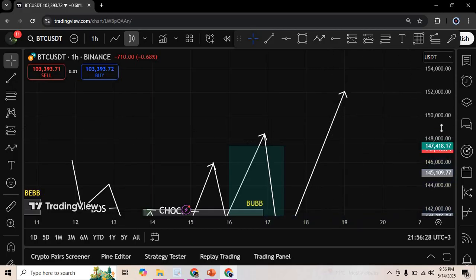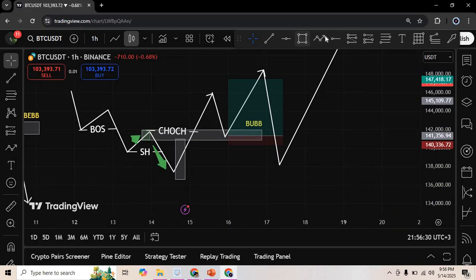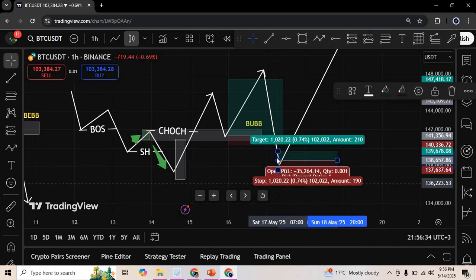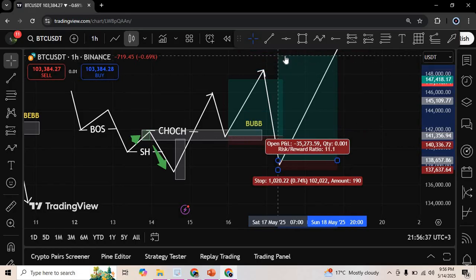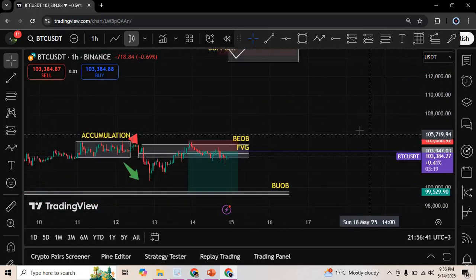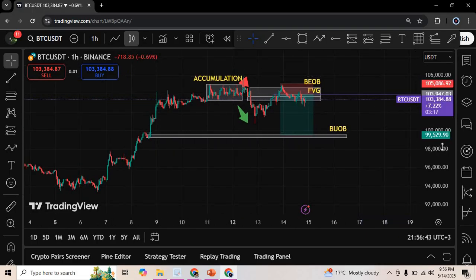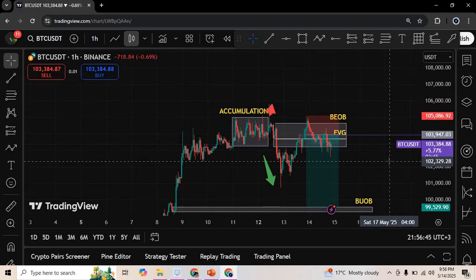You can have your entry from that zone right here to have the ultimate buy. Let me go to the chart so I can identify these things that we're talking about.